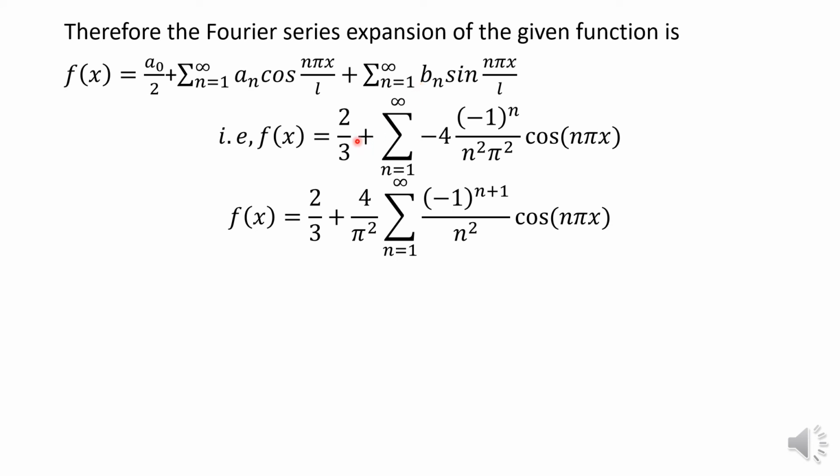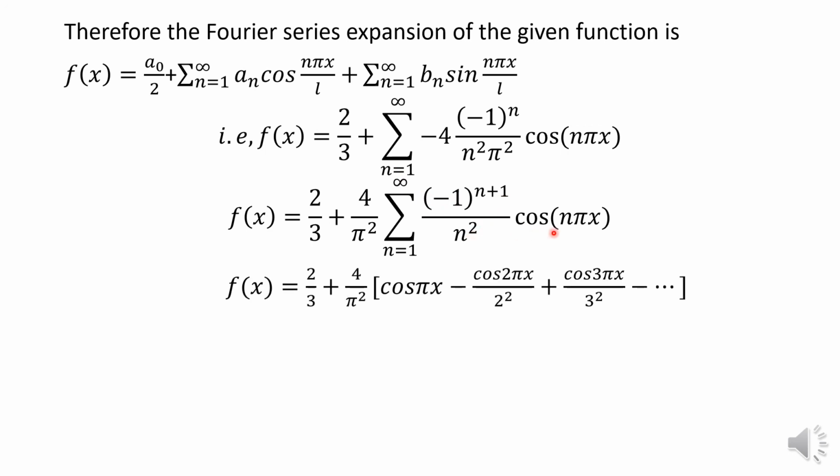So now this is 2 by 3, and here we multiply minus with minus 1 to the power of n, so we get minus 1 to the power of n plus 1. And 4 by pi square is a constant and has nothing to do with sigma. Therefore, you take it outside: 4 by pi square, sum from n is equal to 1 to infinity, minus 1 to the power of n plus 1 over n square, into cos n pi x.